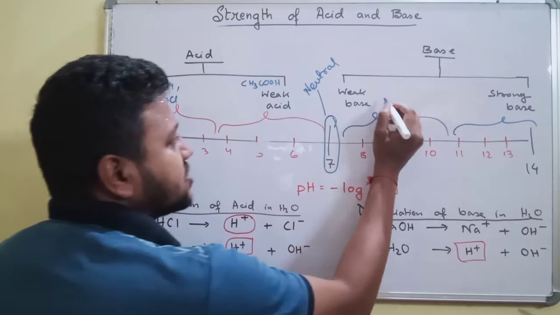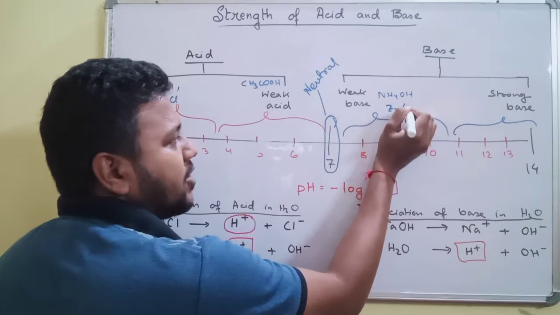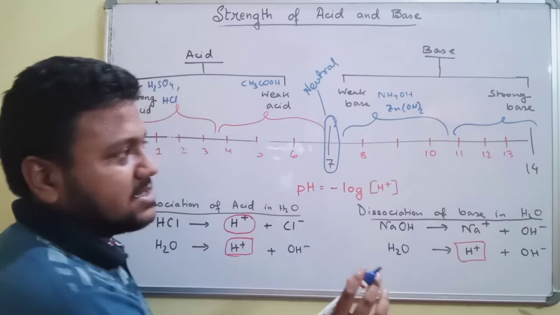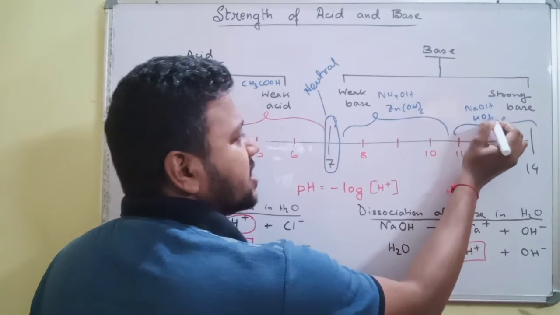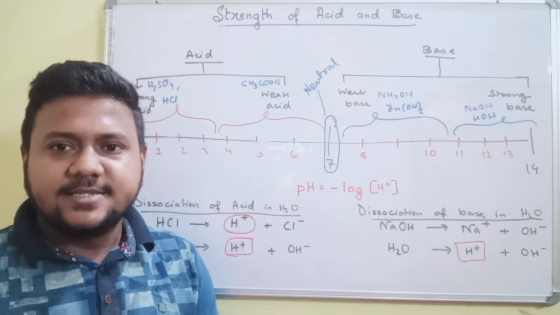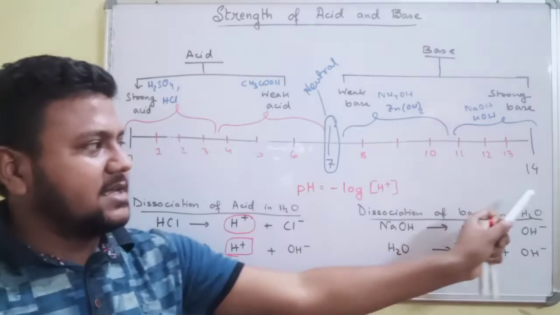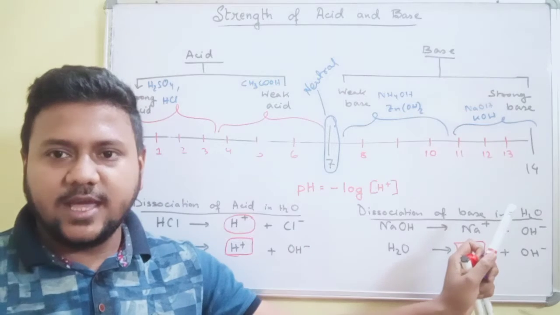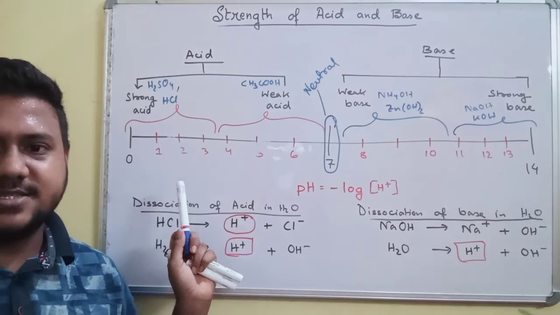Among weak bases, we know NH4OH and Zn(OH)2. These are weak bases, whereas NaOH is a strong base, and KOH is a strong base. Clear? Now in this pH scale 0 to 14, the substances can have any pH.